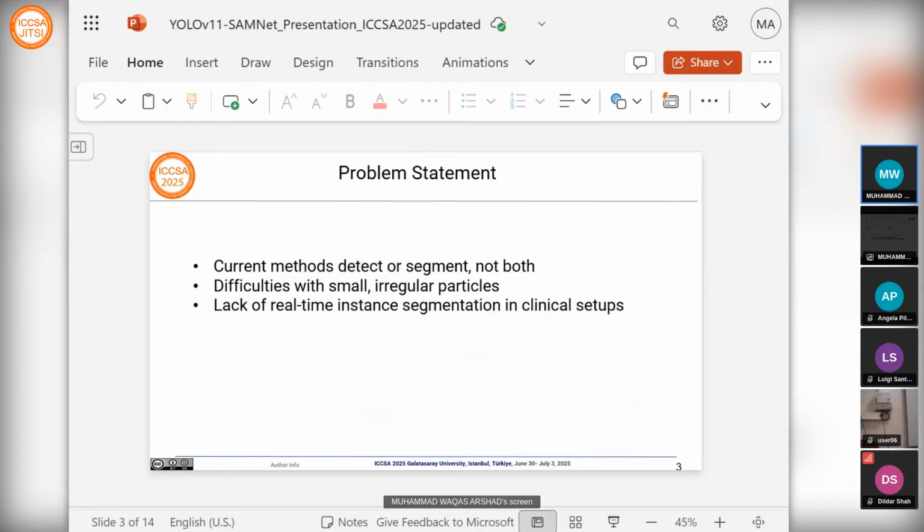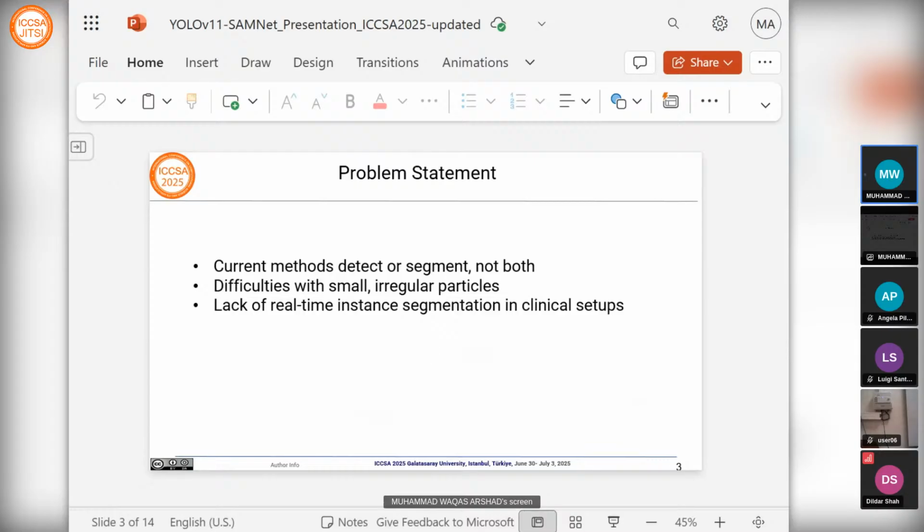Another one is that there is a significant gap for a system that can perform real-time instance segmentation in a clinical setting, which requires both detecting each particle and outlining its precise shape.